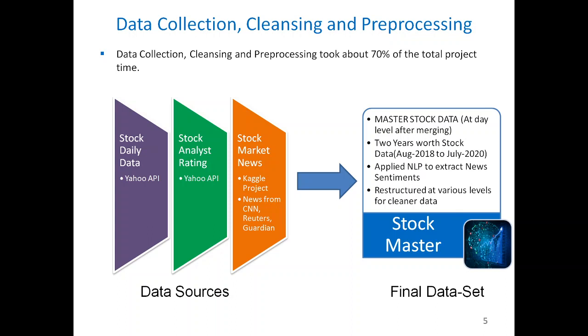On top of the stock market news, we have applied NLP to get the sentiments as positive, negative, or neutral. This dataset contains 2 years worth of data, August 2018 to July 2020, to keep it crisp and short and making more sense on the latest and greatest data.